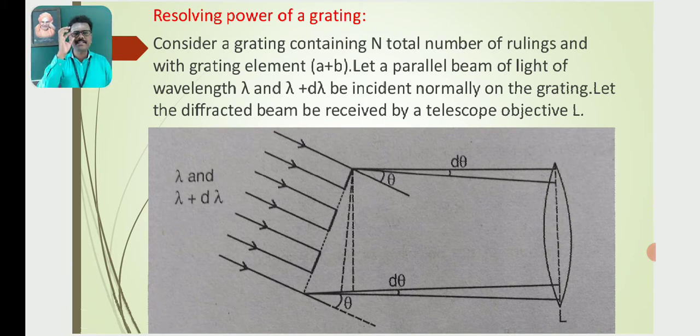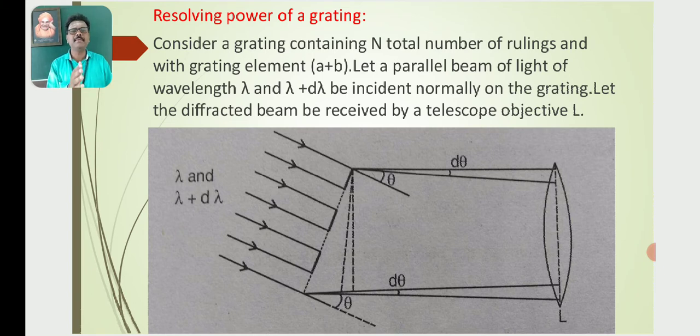So now let us discuss the resolving power of a grating. Consider a grating containing n total number of rulings and with the grating element a plus b.